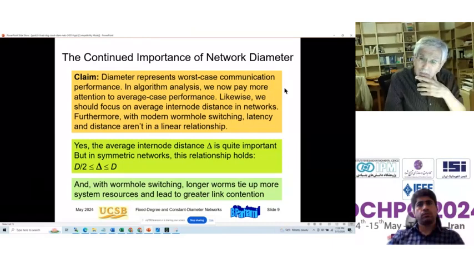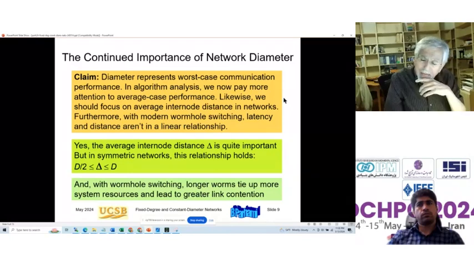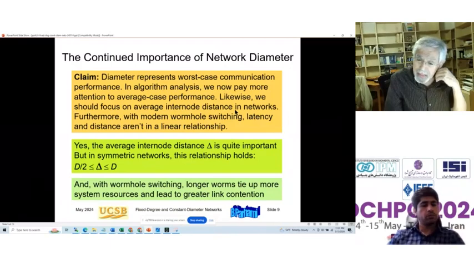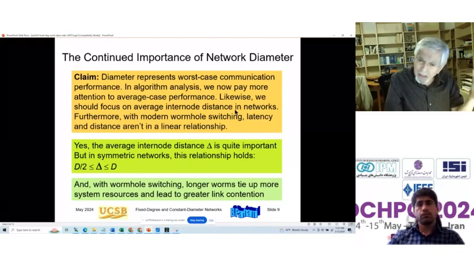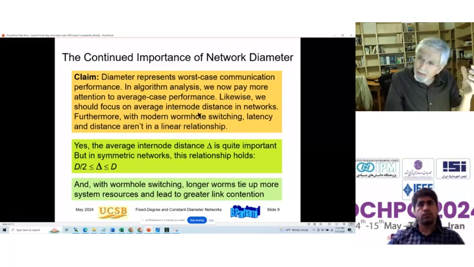In networks also, we have to stop worrying about the worst case distance, which is the diameter, and pay more attention to the average internode distance, which is more indicative of the expected performance of the network. So worst case can occur, but it's not very common, therefore we should not worry about it. So they are saying that we should ignore diameter and focus on average internode distance.